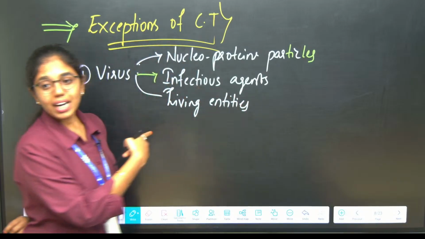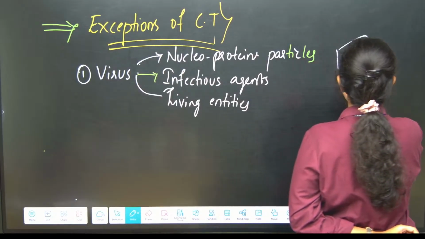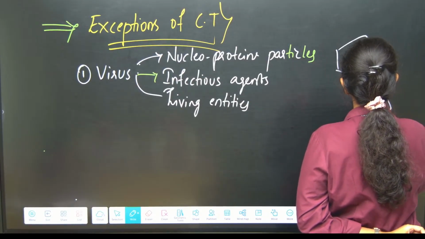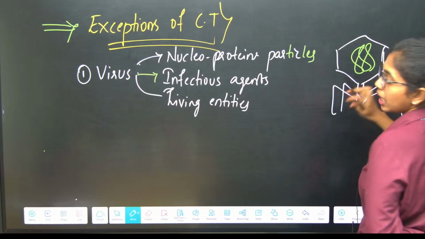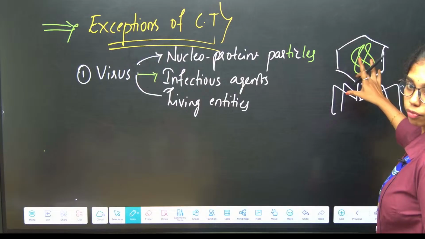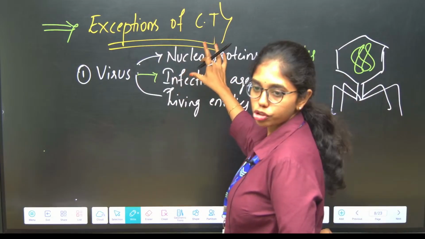Why are they not called a cell? Because they just have an outer protein coat with the genetic material inside. There is no cytoplasm, there is no fluid filled space as such. So these are exceptions to cell theory.